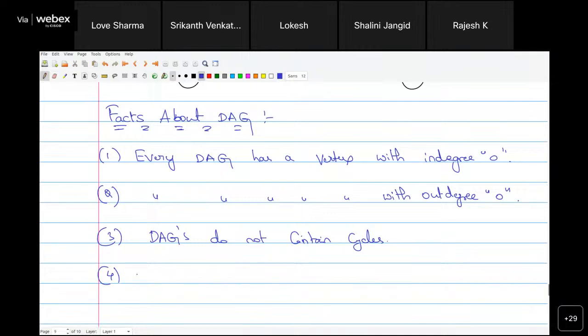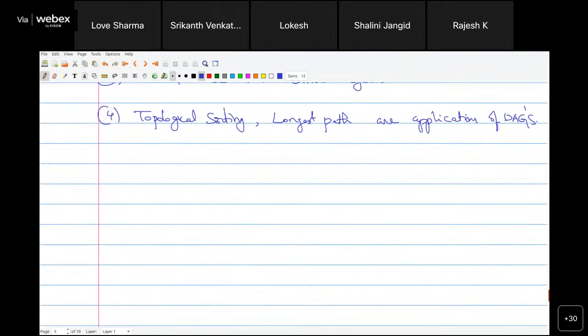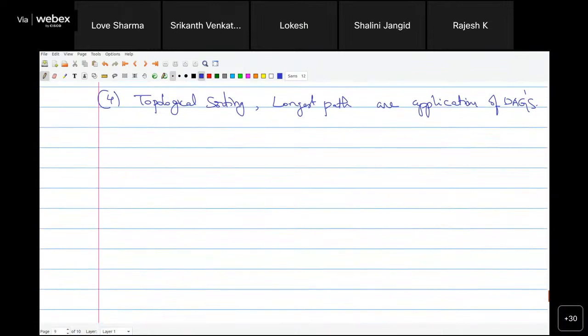So topological sorting and longest path. So these two are applications of DAGs. So I will quickly discuss what topological sorting and longest path are, and we will move forward.